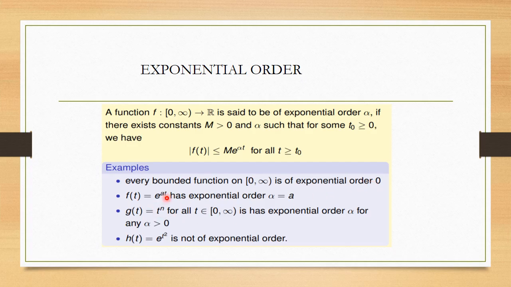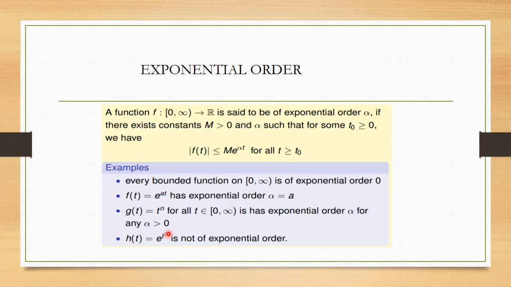e to the power at, this function is of exponential order. We can take alpha to be a as it is, right? So we get this function is of exponential order. Similarly, t to the power n, this function is of exponential order alpha for any alpha strictly greater than 0, as we know that t to the power n is less than e to the power alpha t for every alpha greater than 0.